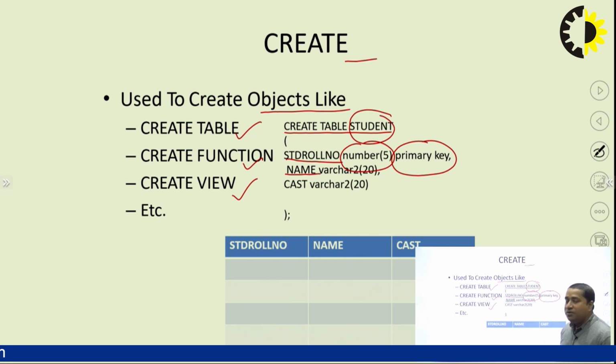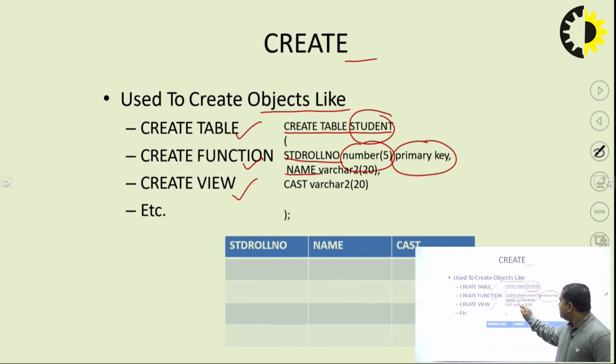The second attribute is name, which is of type varchar2 with a size of 20. Then another attribute is caste, with data type varchar2 and size 20.